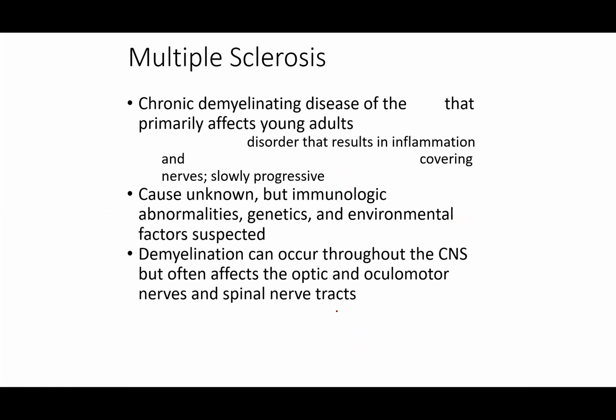Okay, so multiple sclerosis, or MS, is demyelination. Okay, so just a quick neuro review here. You've got the different myelin along the axon, right? And the spaces are the nodes of Ranvier.